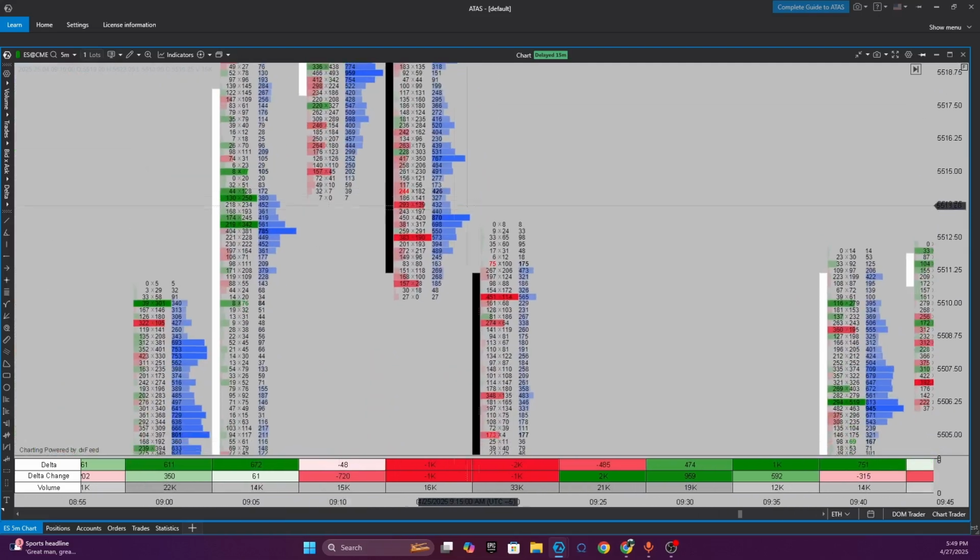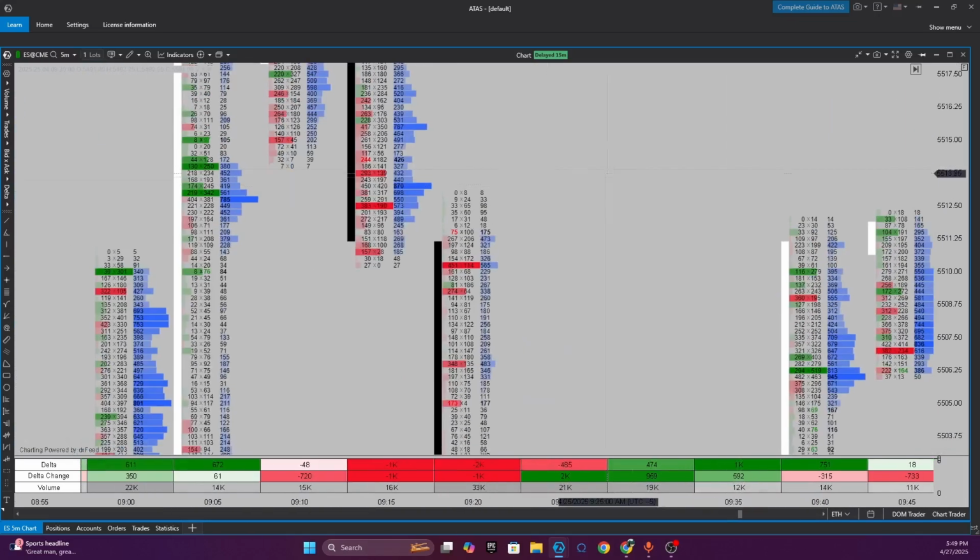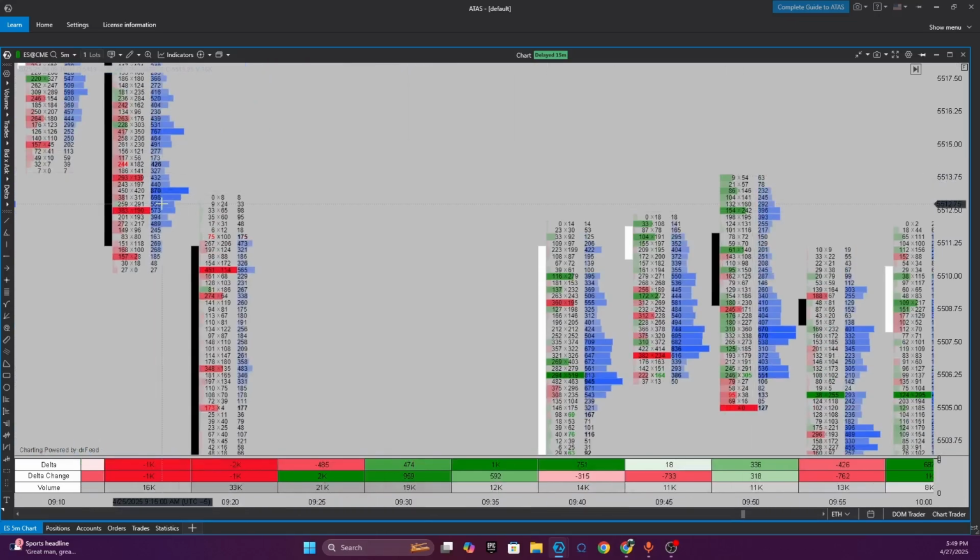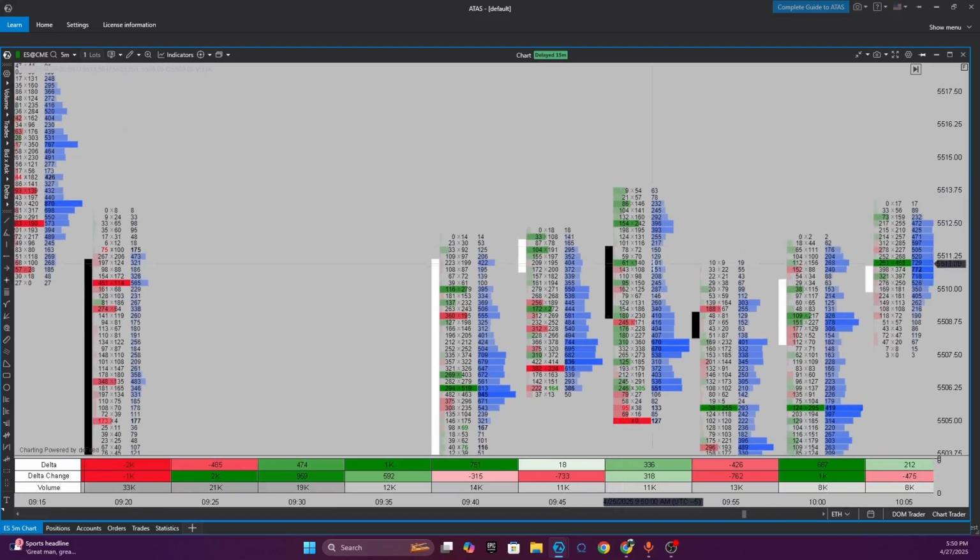You see large amounts of seller delta here at this level with high volume there as well. So already, just looking at the past, like 45 minutes ago, you see that there's large selling volume being transacted. But here, suddenly, there's large buying volume being transacted. But is price getting rewarded by these large buying orders?